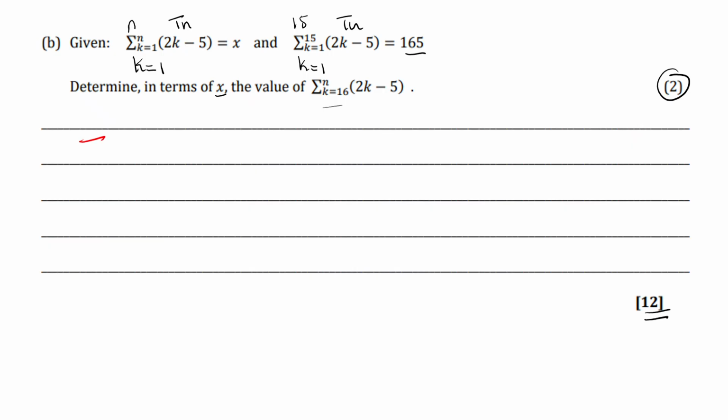So there's a formula that says Tn is equal to Sn minus the sum of n minus 1. I'm just going to give you a quick example. Let's say we are looking for T16. So term number 16, T16 will be equal to the sum of 16 terms minus the sum of 15 terms.